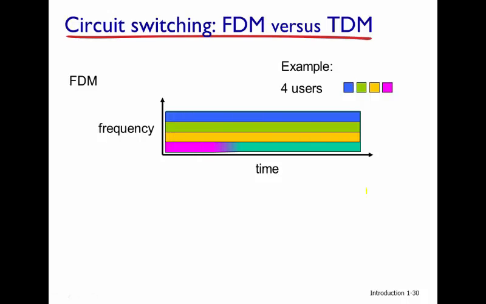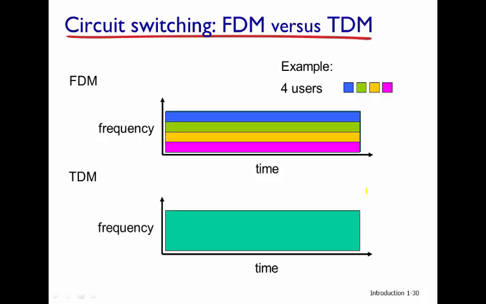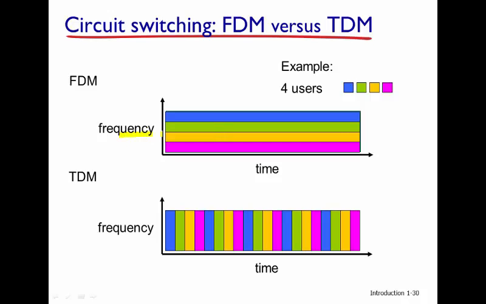This is what we looked at: frequency division multiplexing and time division multiplexing. We looked at this, right? You have limited frequencies. This is frequency bandwidth.